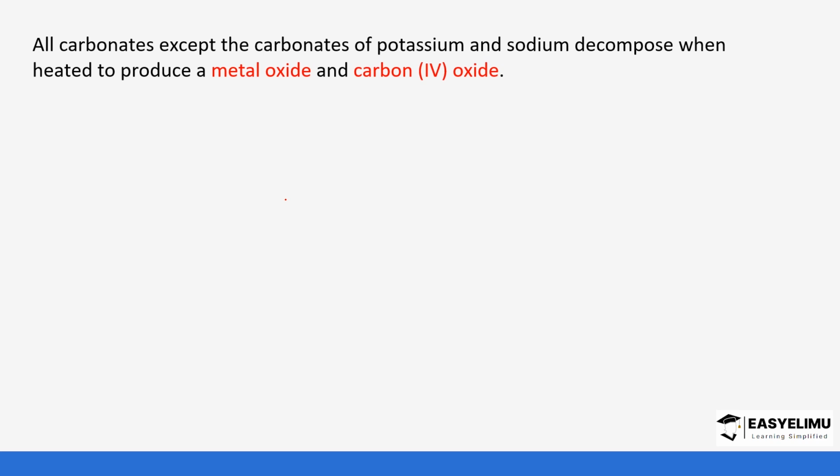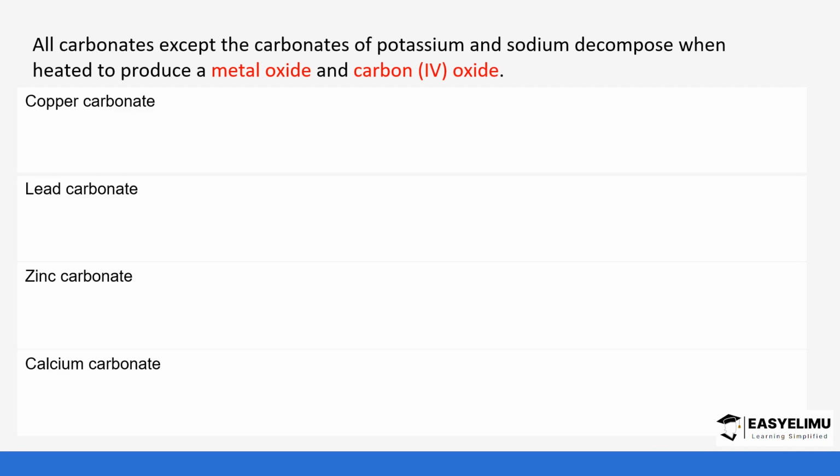So all carbonates except the carbonates of potassium and sodium decompose when heated to produce metal oxide and carbon dioxide. When you look at copper carbonate, for example, when you heat it, remember we said you have to show the heating sign. You form copper oxide plus carbon dioxide, which is balanced. This is solid.